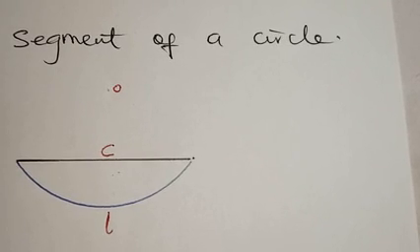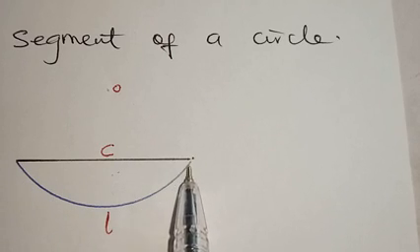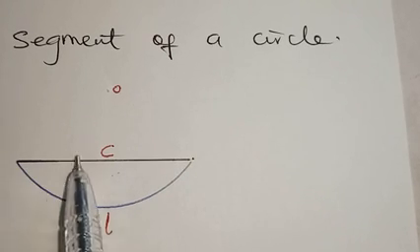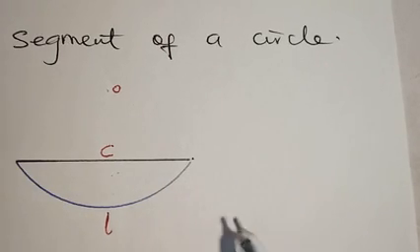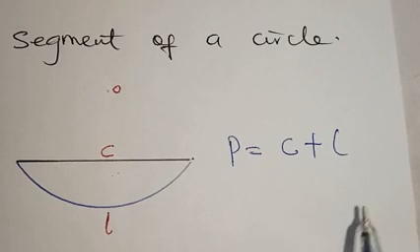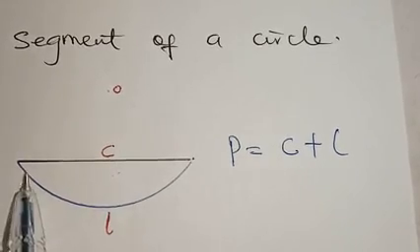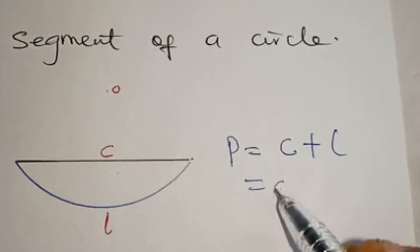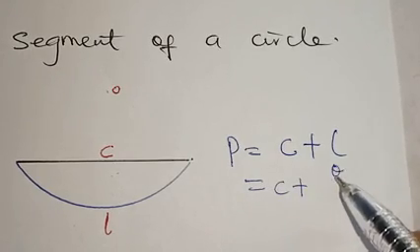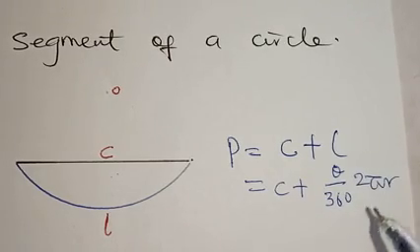Now, to find the perimeter of the segment of a circle, the definition has not changed. The borderline, we just sum up the borderline, and that is the perimeter. So I could write the perimeter to be C plus L. We know what L is, we just calculated it: theta over 360 times 2 pi r.